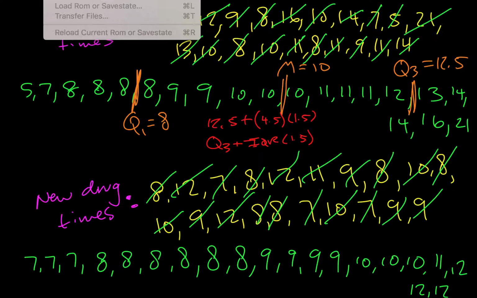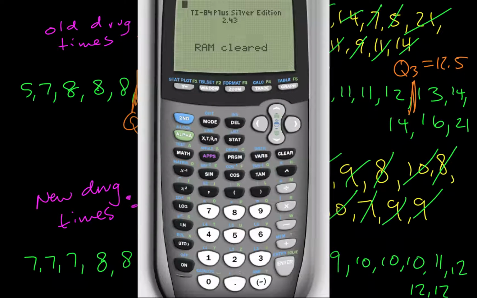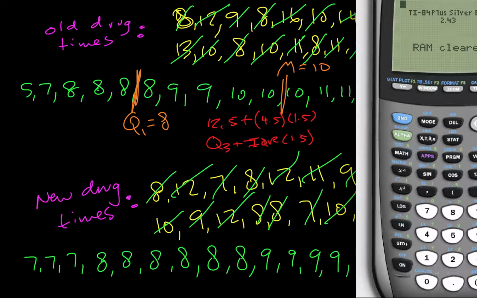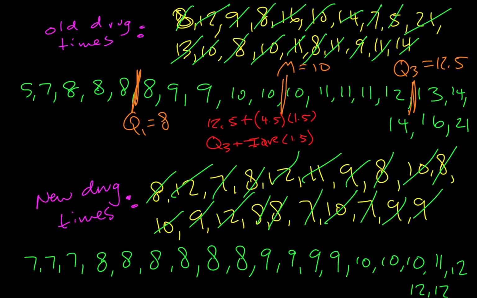So get a calculator out. Let's see. So we have 12.5 plus 4.5 times 1.5. So it's 19.25. And so we could think of the 21 as an outlier.